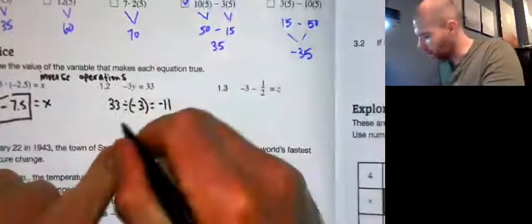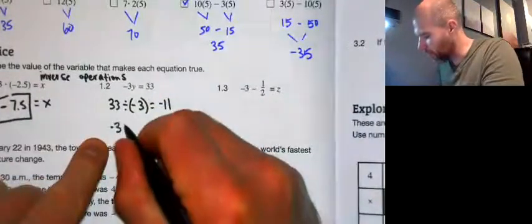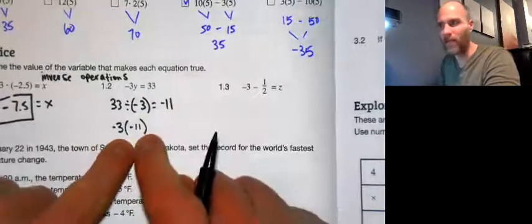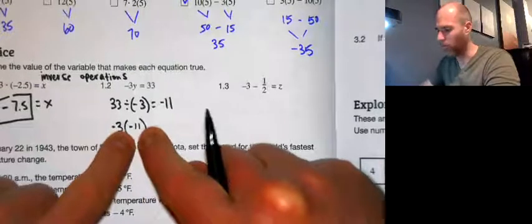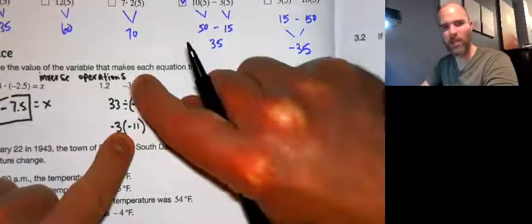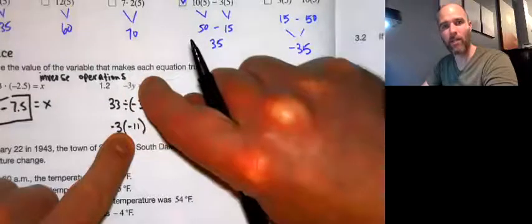So is it true that -3 times -11? I'm putting it in parentheses now because it's a number. Whereas with variables, with letters, you don't have to use parentheses. It's understood that a number next to a letter means to multiply.